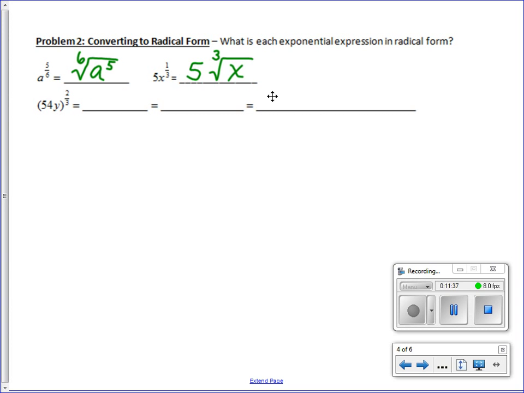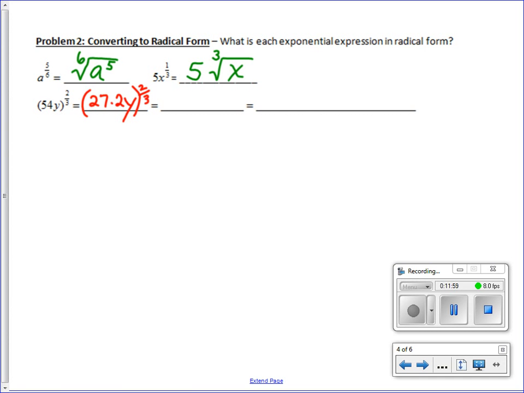We're going to rewrite 54 as 27 times 2, y. The reason that we are doing this is because in our exponent we're going to be finding the cube root, and we can take the cube root of 27.